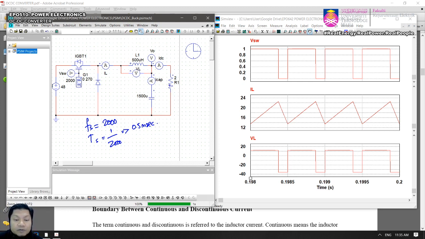So you have to be careful with the simulation. You need a time step small enough so that you get a proper square wave.